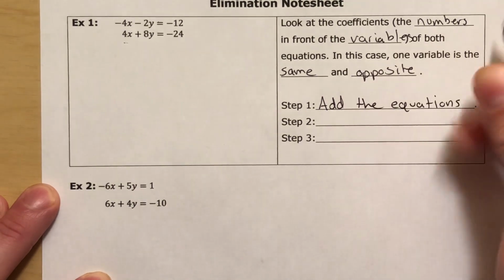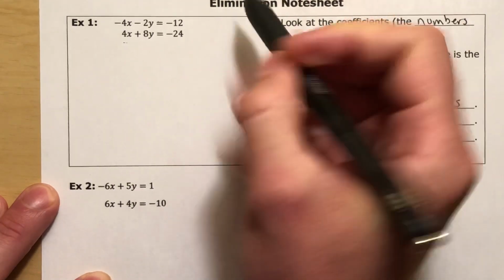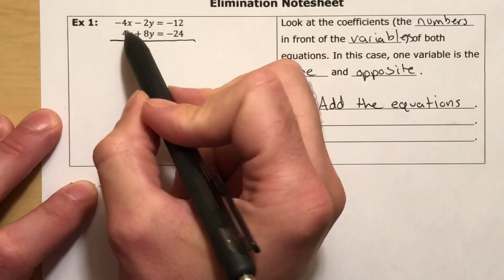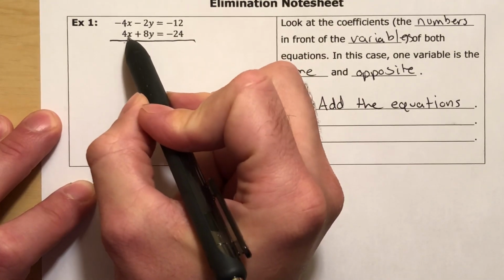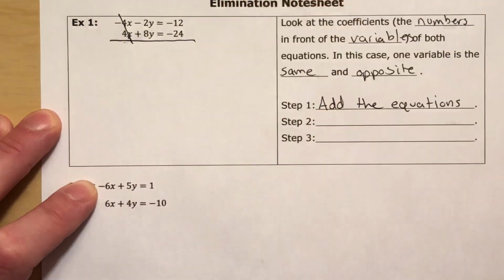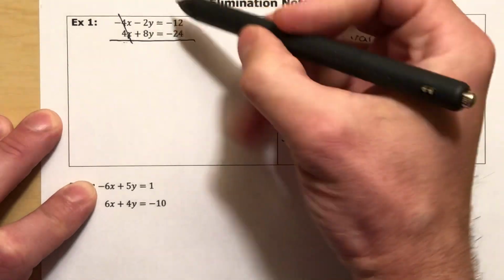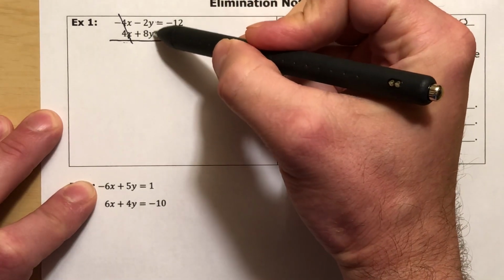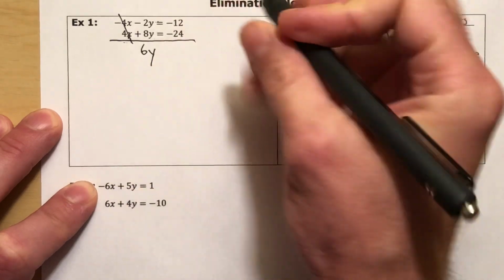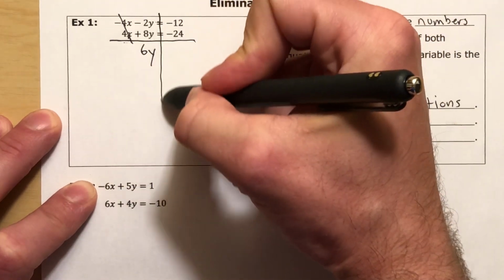So we're going to add the top equation to the bottom equation. So we add -4x to +4x, which cancels out. And then we add the y's together, so -2y plus 8y would leave us 6y. We're going to keep the equal sign.